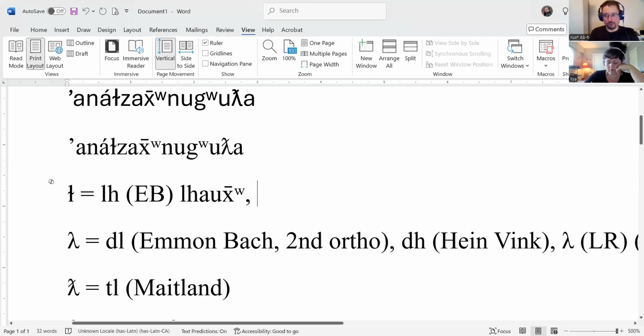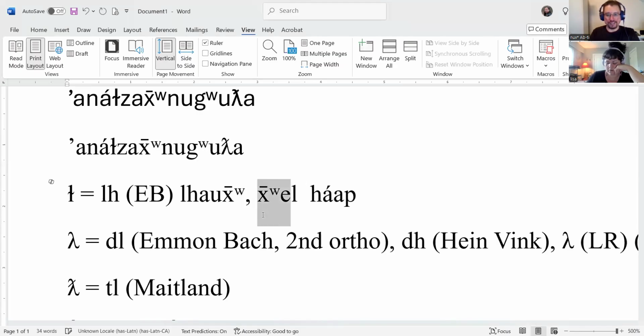But if we're looking at a Heisler word that has this LH in the middle of it, so something like huslap, if people aren't used to reading Emma Bach's orthography, this might happen.